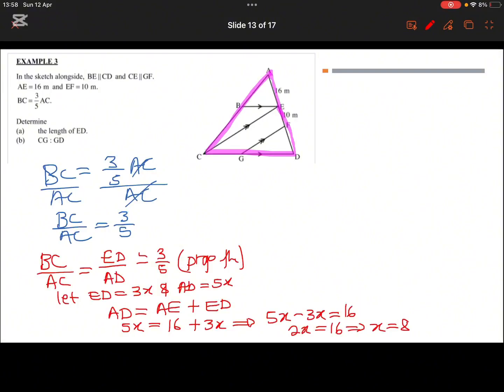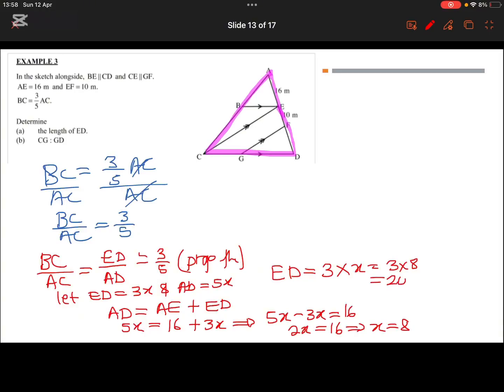Right. So now we are looking for ED. Now ED is equal to 3 multiplied by x, which is 3 multiplied by 8, because we now know the value of x to be equal to 8.